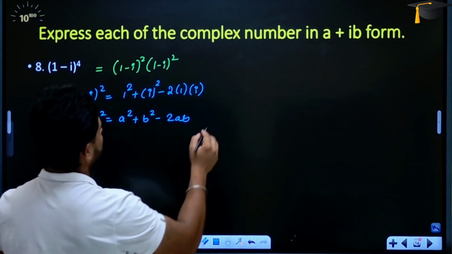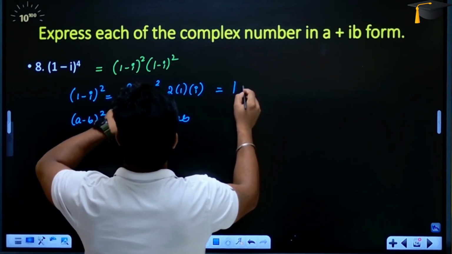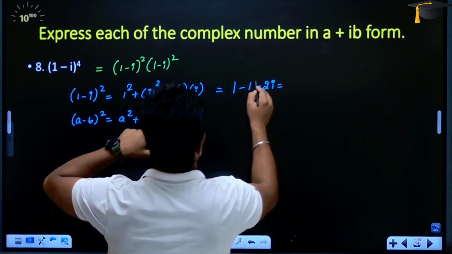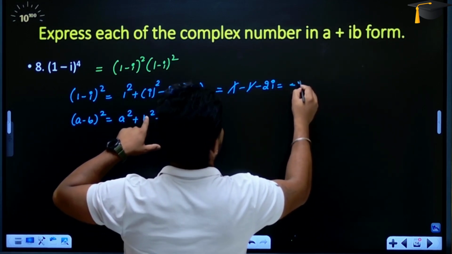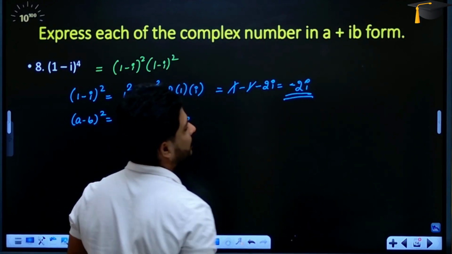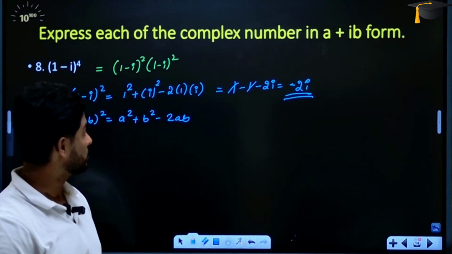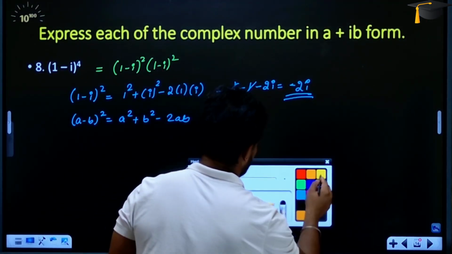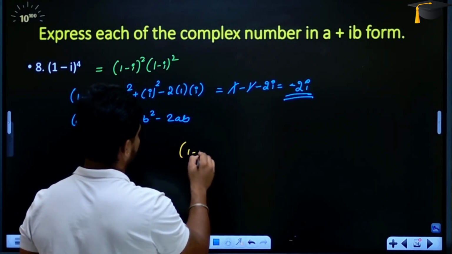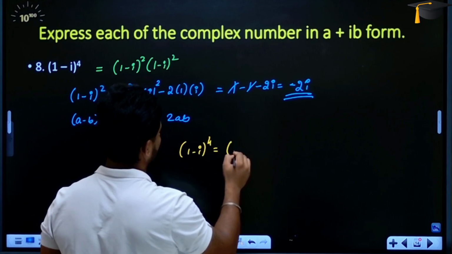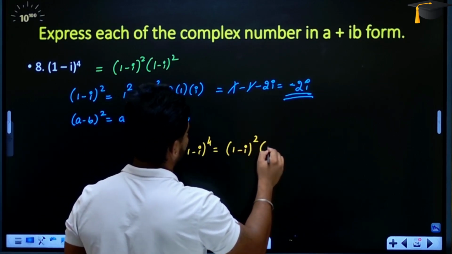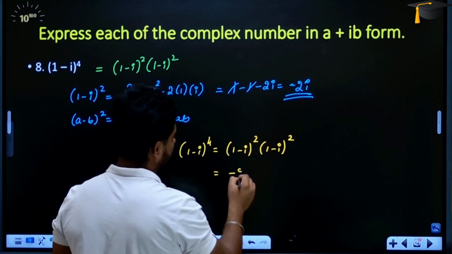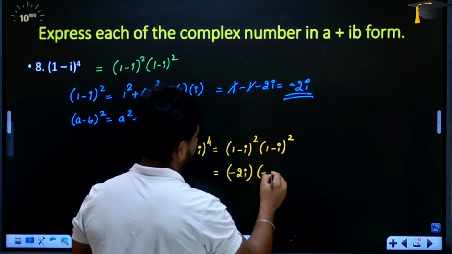Okay, so what happens to this? It becomes 1 square, i square is minus 1, minus 2i. So minus 1 plus 1 cancel, it's only minus 2i. Correct? So 1 minus i the whole square is nothing but minus 2i, children. So for us it is very clear: 1 minus i whole to the power 4 is equal to 1 minus i the whole square into 1 minus i the whole square, which is minus 2i into minus 2i.